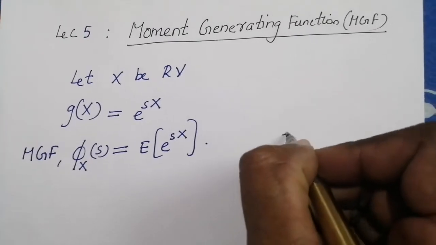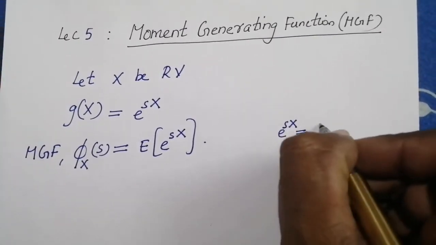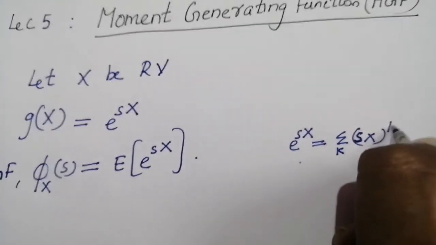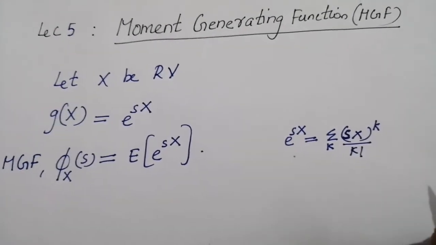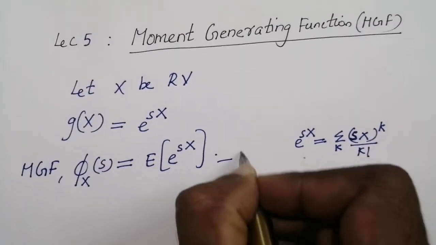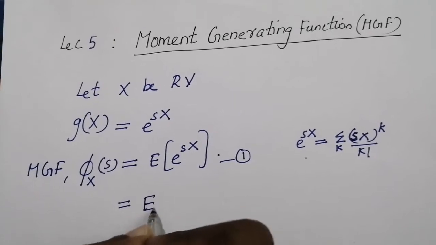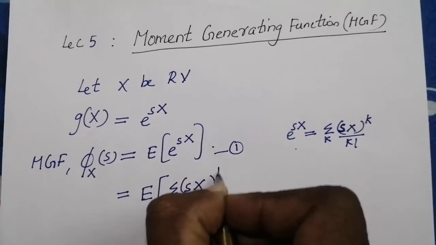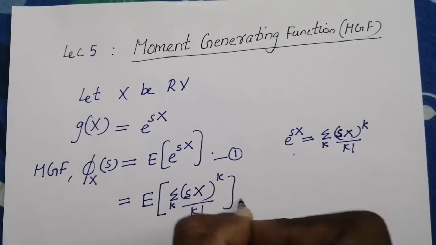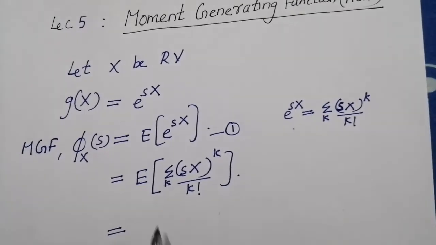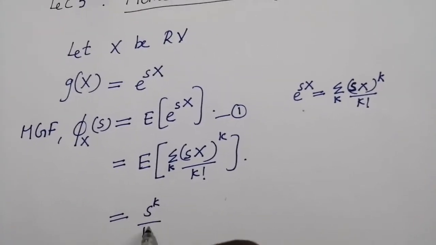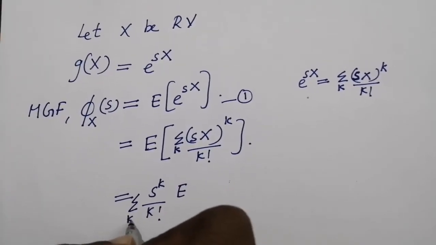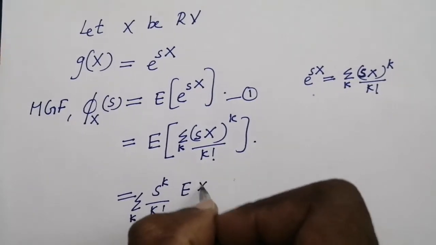Now, we know that e raised to sx can be written as the summation over all k of (sx) raised to k by k factorial. So equation number 1 can be written as the expectation of the sum of (sx) raised to k by k factorial. This can be written as s raised to k by k factorial into the expectation of x raised to k.